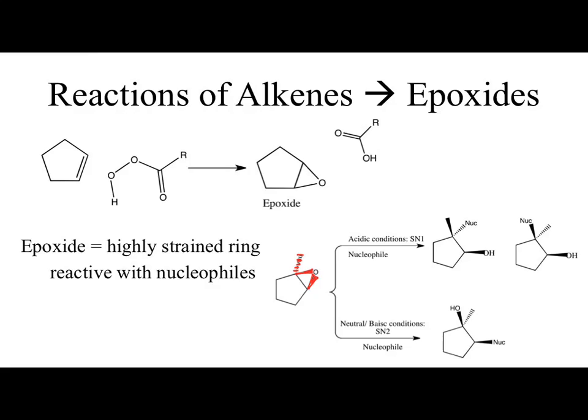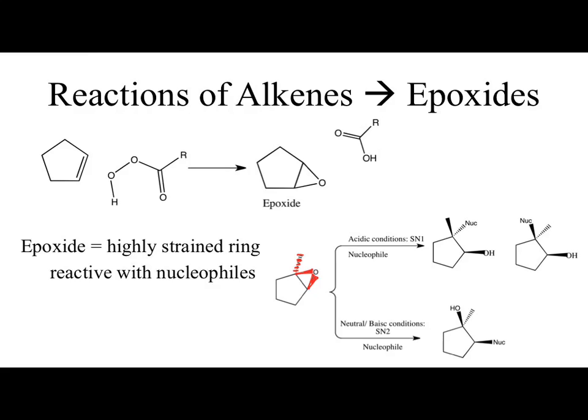So we have to force the ring to break open with the nucleophile, which means we'll add a strong nucleophile or basic conditions. So a lot of negative charge. In those cases, with an SN2 type substitution, we're getting the backside attack. Which carbon would react?